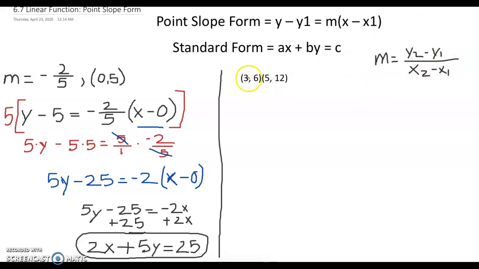So we put these numbers into this formula: 12 minus 6 over 5 minus 3. Then we get 6 over 2, which equals 3 over 1, or just 3. So now we have our m. Our m is 3, which is slope.